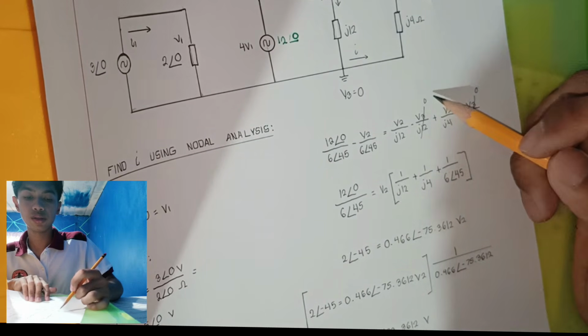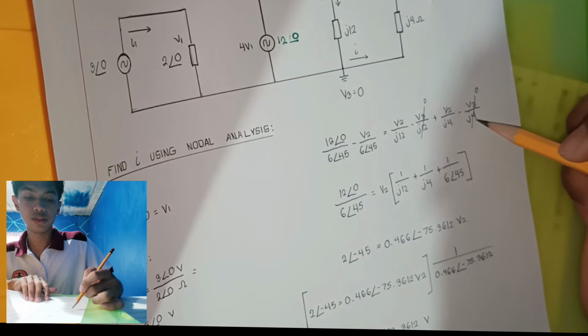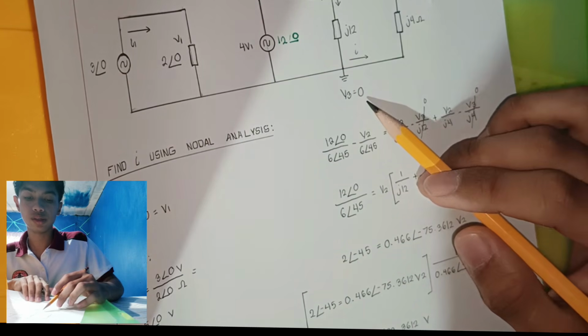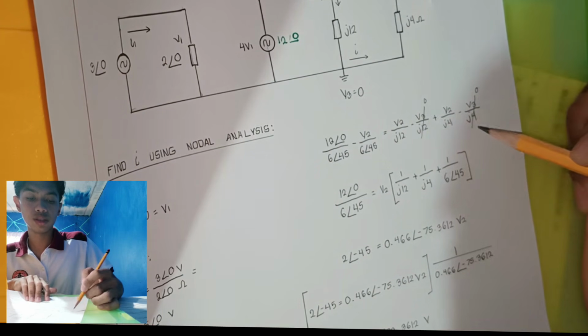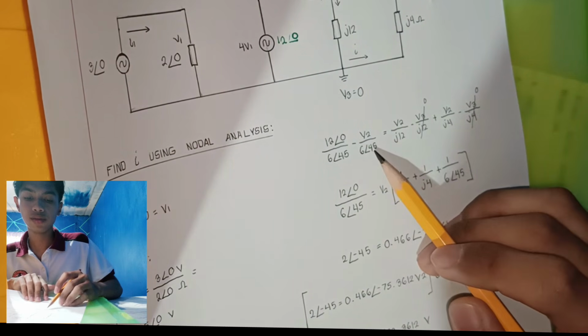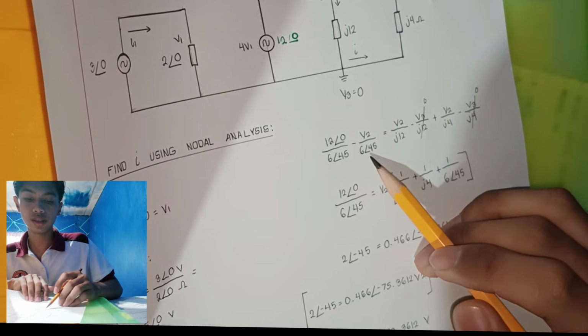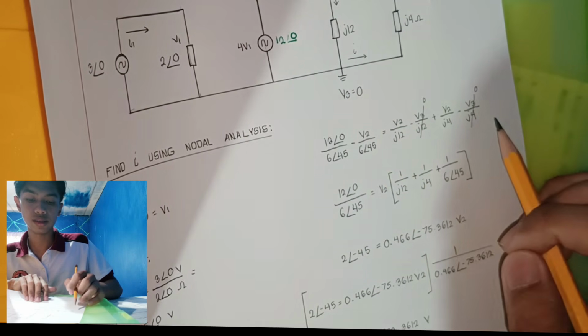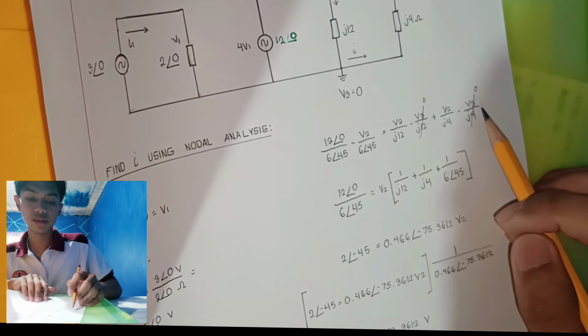But here we cancel the V3 terms because V3 is equal to 0, so these terms are equal to 0. Then we can transfer the negative V2 over 6 angle 45 to the right side, so it becomes positive.